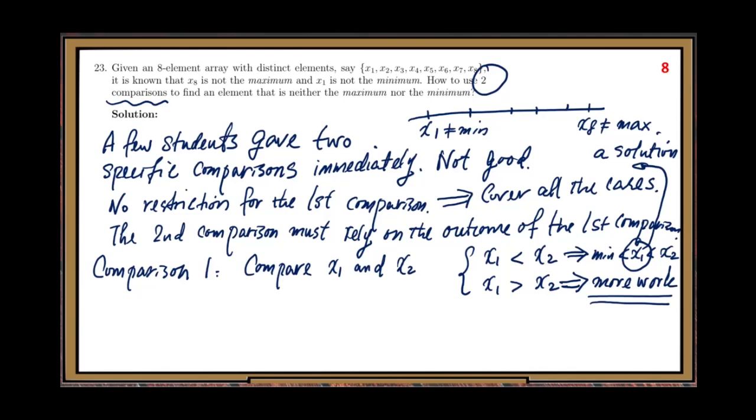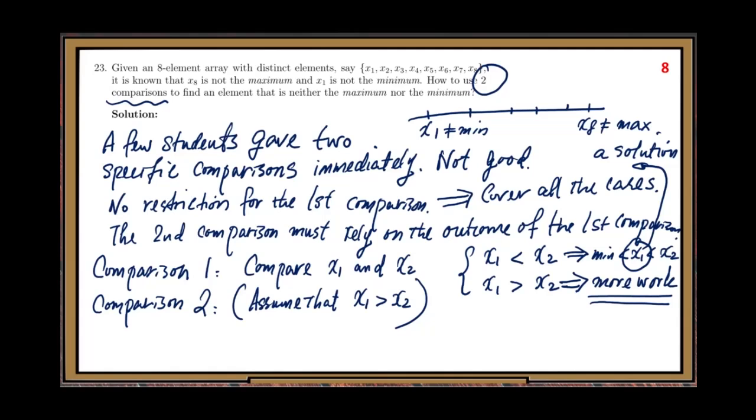So now our comparison number two. In comparison number two, we assume that x1 is greater than x2. Otherwise, we don't need a second comparison. Only for this case do we need a second comparison.